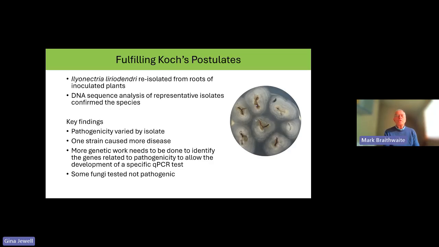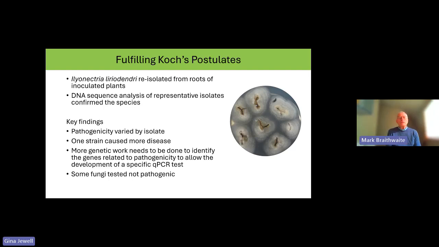To fulfill Koch's postulates, which is important in plant pathology, you've got to re-isolate the organism from the plant that you've inoculated with the disease. So we did this, and out came Aotearoa liriodendri, and we also resequenced it, and it was the correct species.